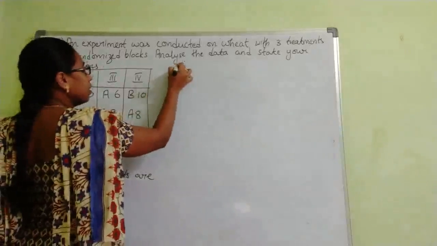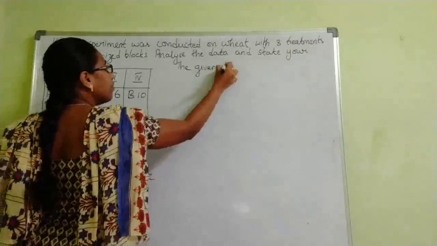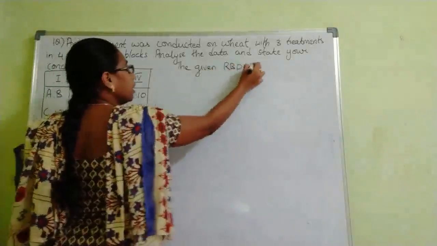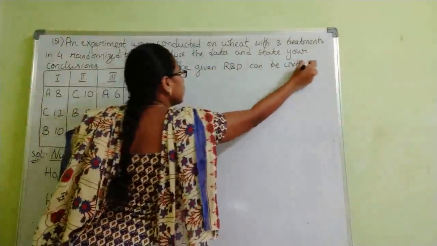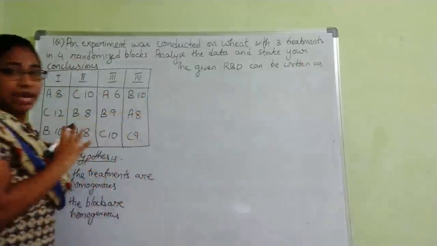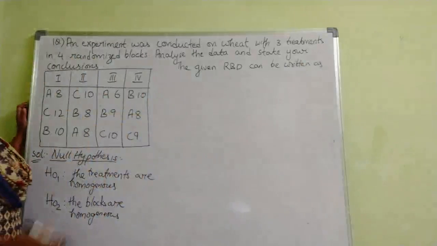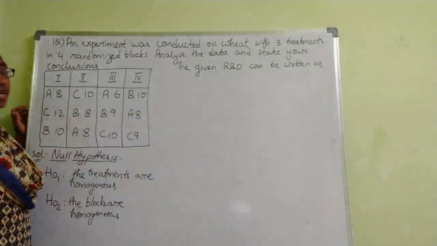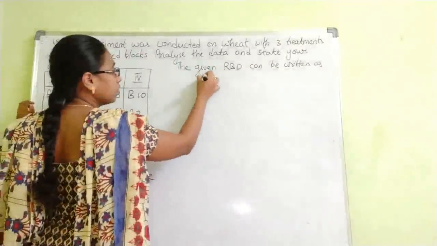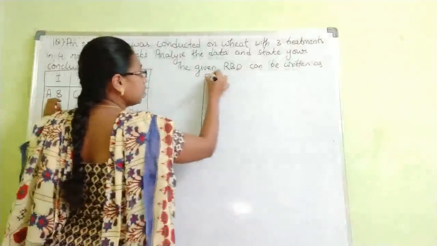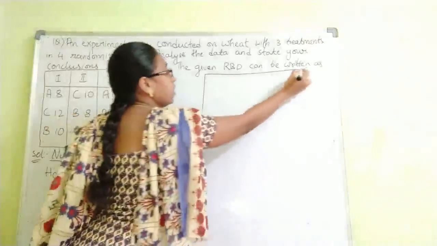The given RBD can be written as follows. The same RBD layout we are going to convert into a two-way classification based on the number of blocks and the number of treatments. So how many blocks do we have in total? 4 blocks are given.